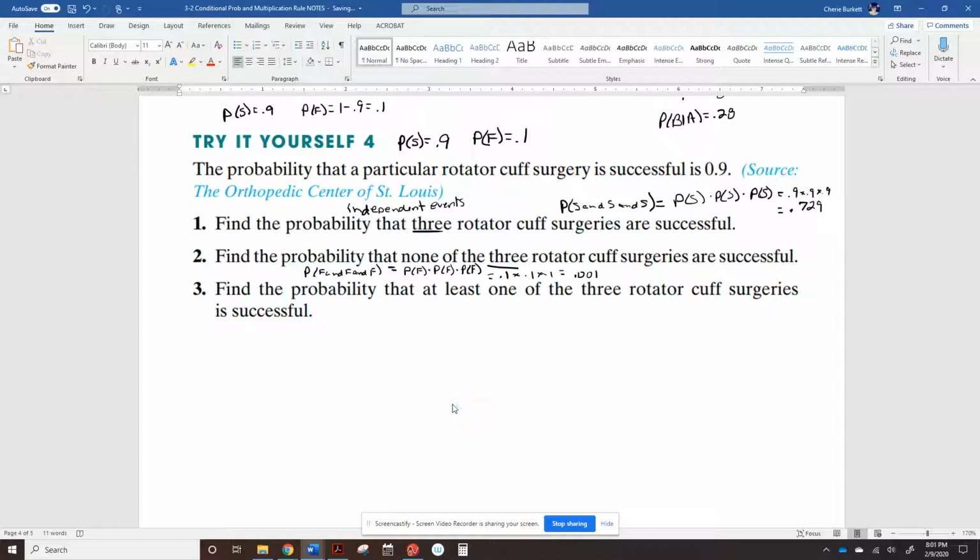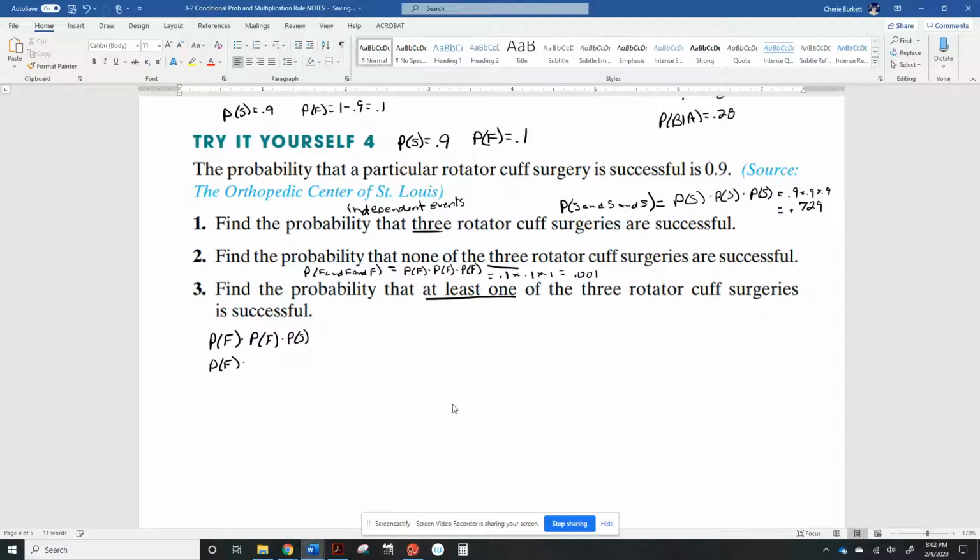Okay, this one, at least 1. Now you can continue to do it using the same process that we've been doing here. At least 1. Oh, this one says at least 1 is successful. So we could have a failure and a success. That is at least 1.